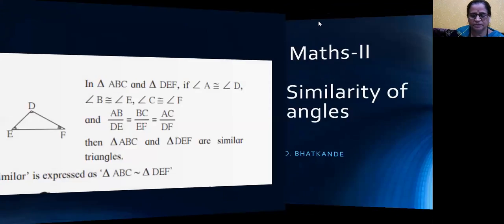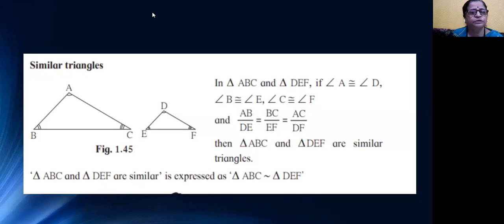In this, to get two similar triangles, three angles must be congruent and three sides must be proportional.